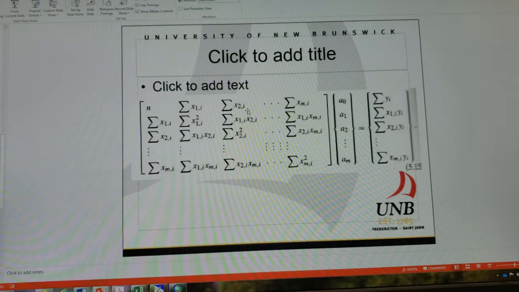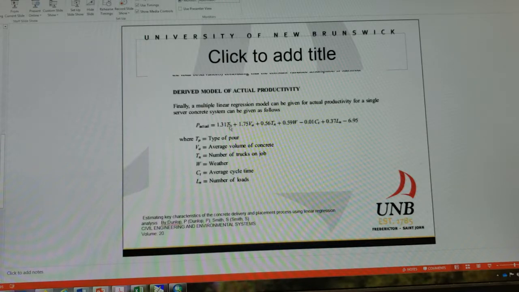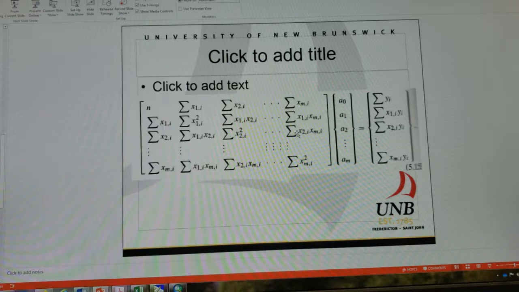So what is happening here is essentially when you've got x values, x1, x2, x3, all of those can be put into a matrix. And this is what's happening behind the scenes when you do regression.